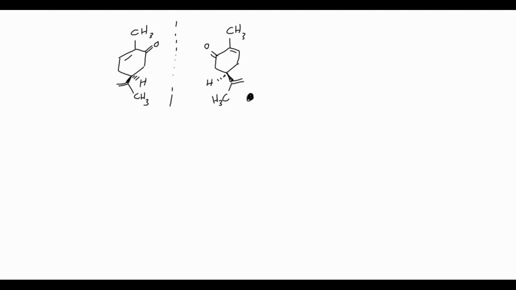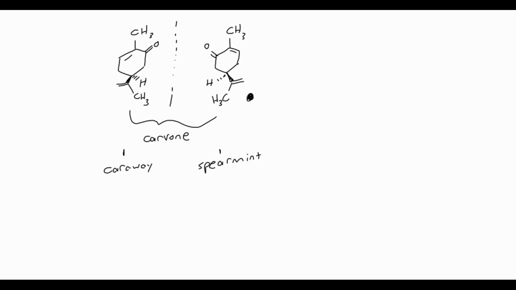And what's very interesting about these molecules, so this is called Carvone, is that this enantiomer of Carvone smells like caraway seeds, whereas this enantiomer has the odor of spearmint.